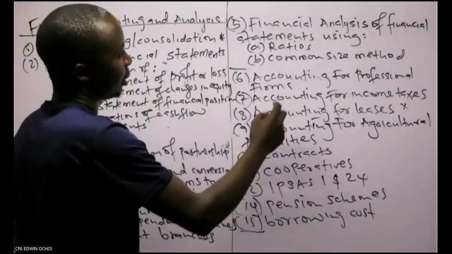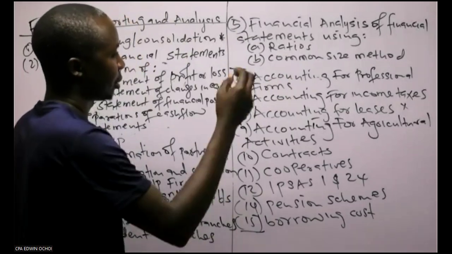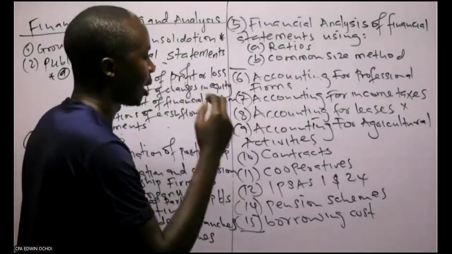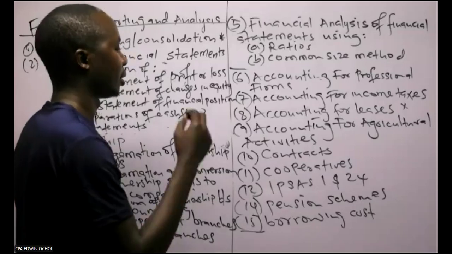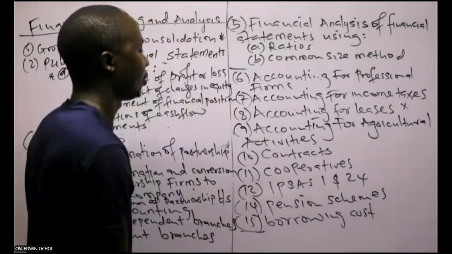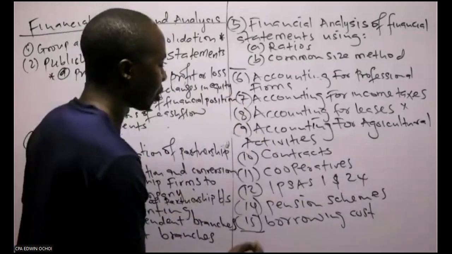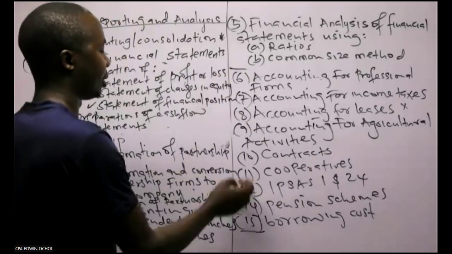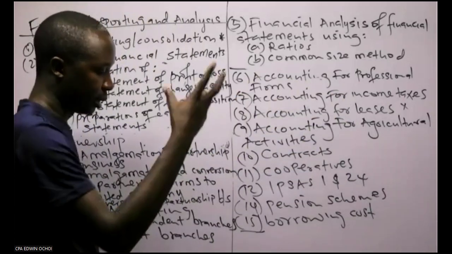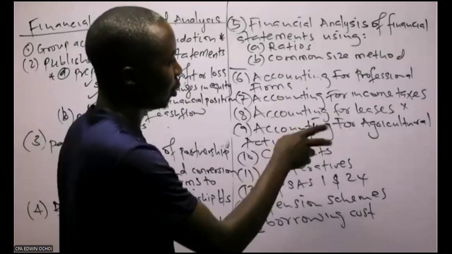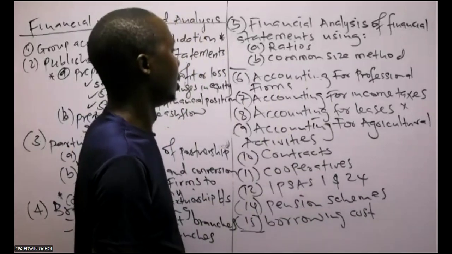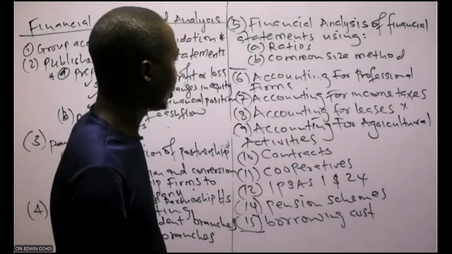From topic 6, that is accounting for professional firms, accounting for income taxes, accounting for leases, accounting for agricultural activities, contracts, cooperatives, IPSAs 1 and 24, pension schemes, borrowing cost. From number 6 to number 15, these are very simple topics of which I will do around 1 or 2 questions for each, and it will be done.